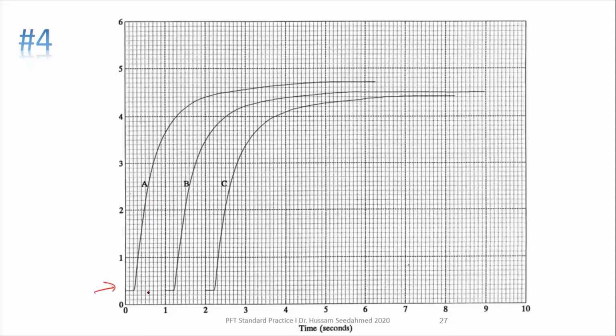Do they start from baseline? They do not start from the baseline. Notice here that usually they should start from the baseline. So the 3 curves have a baseline error. No, this is not extrapolated. They are not starting from the baseline. If you want to calculate it, we calculate how much this volume is, 1, 2, 3, and subtract 0.3 from each of the FVC and FEV1. I will subtract 0.3 liters, because of the baseline.